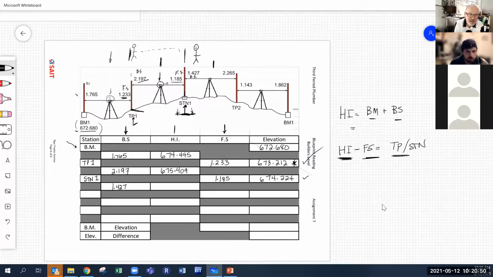And once we got that written down, we could find the height of the instrument by taking our new elevation and adding the back sight to it. Our new elevation is 674.224. There's our new elevation, and we're going to add our back sight to that.